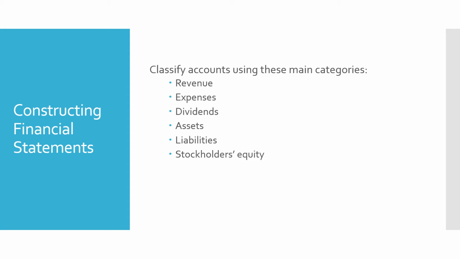So we're going to identify our revenues and expenses and recognize that those are going to go on our income statement. We're going to identify the dividend account and recognize that that is going to go on our statement of retained earnings. And then we're going to identify our asset, liability, and equity accounts and recognize that those are going to go on our balance sheet.